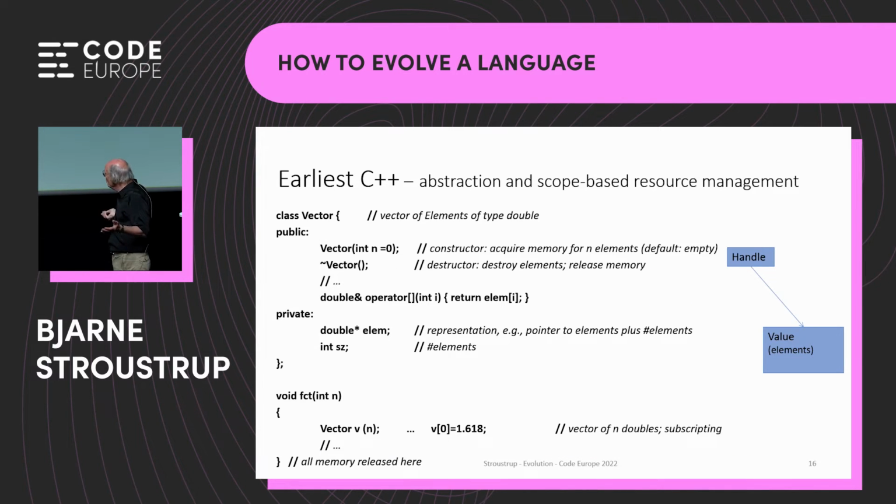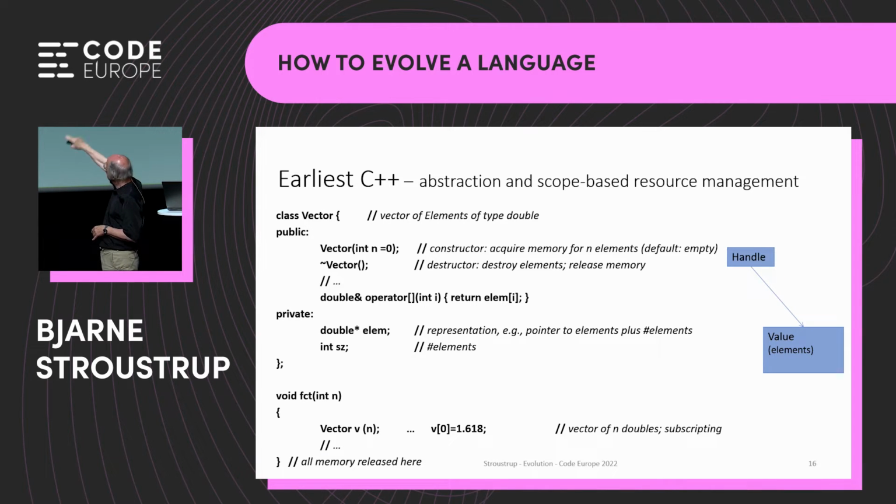So the earliest C++ looked a bit like this. The syntax has slightly changed. The only time I broke the syntax really badly was when I renamed C with classes to C++. Since then, code like this has worked.